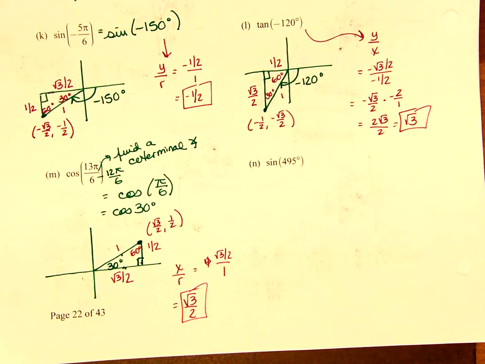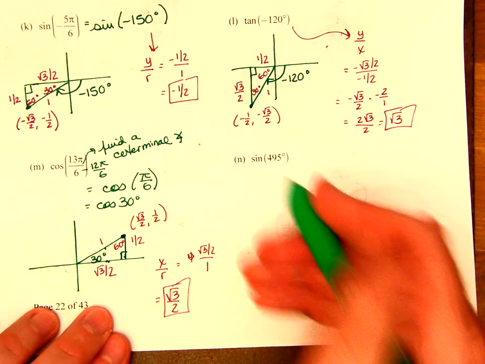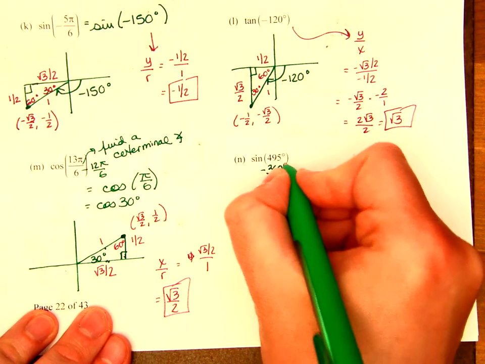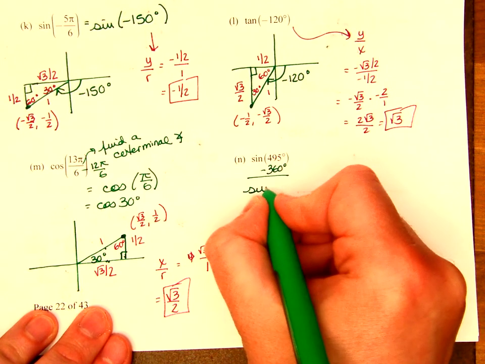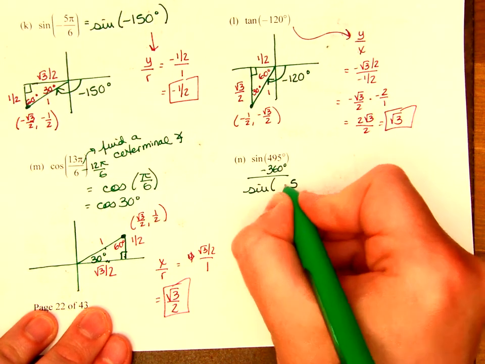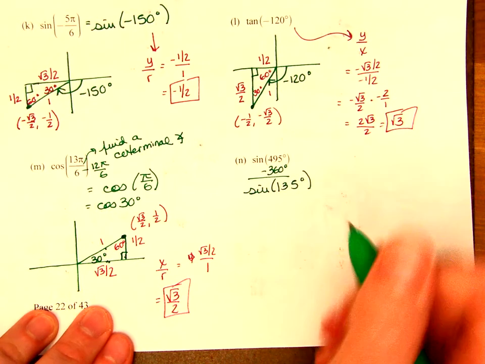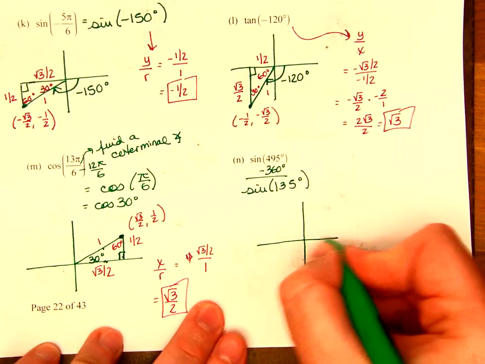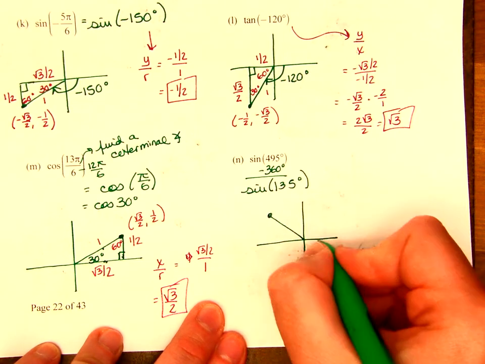Last one, sine of 495 degrees. I'm going to subtract 360 to get a good coterminal angle out of this. Let's see, that gives me the sine of 135 degrees. 135 is the angle over here.